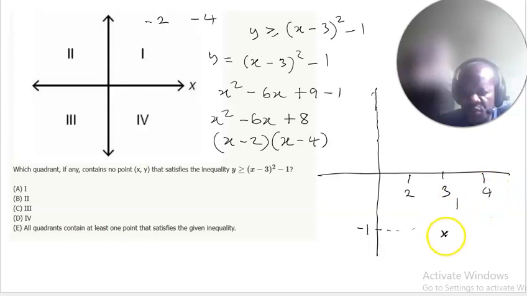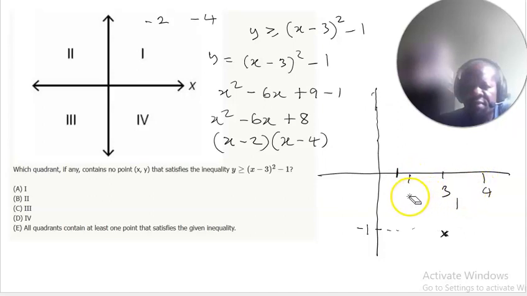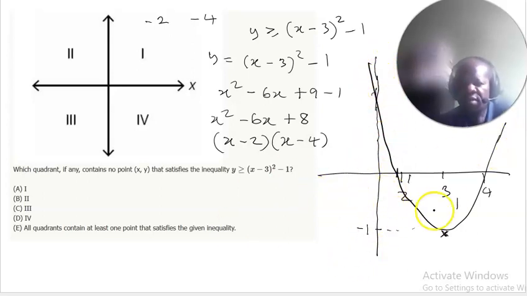And this is the minimum point of the parabola. So we can have something of this nature. It crosses this point, crosses this point. Okay, this is better. This is what this parabola now looks like.